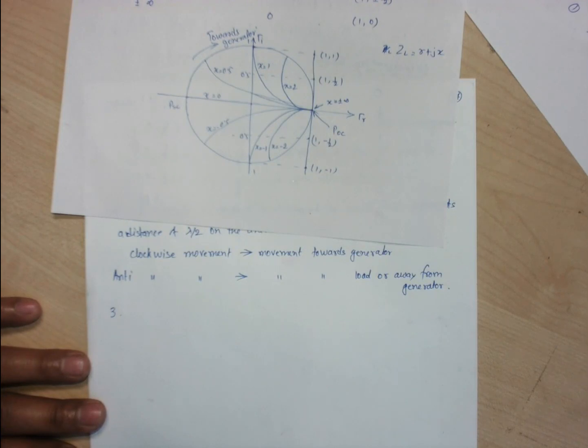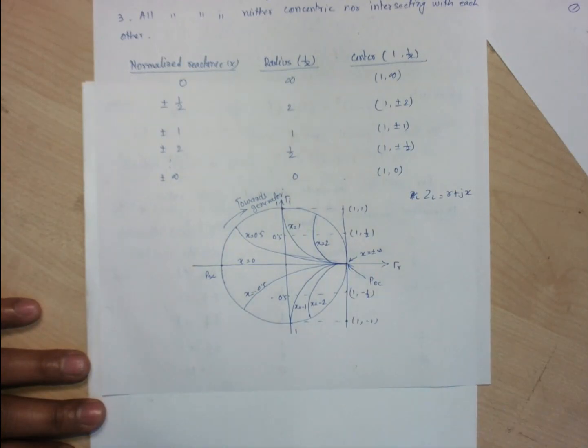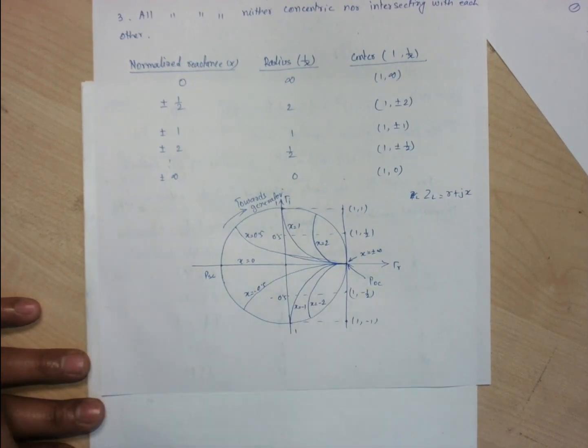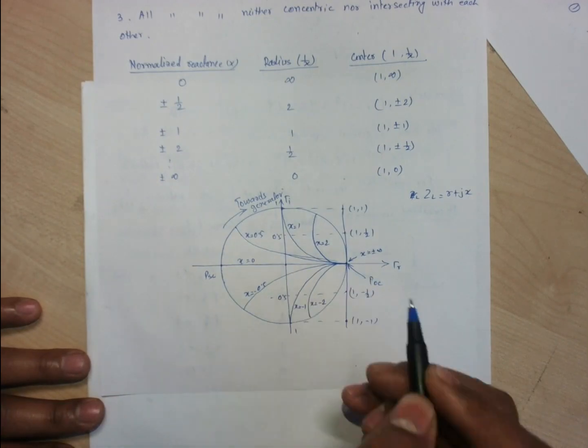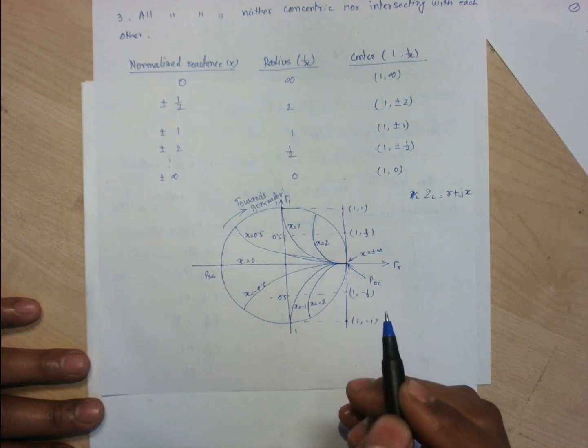The impedance is maximum towards the open circuit point, because the open circuit point has the maximum impedance, infinite. So if we move from this point towards the open circuit point, we can have the maximum impedance, and so we can have the Vmax.